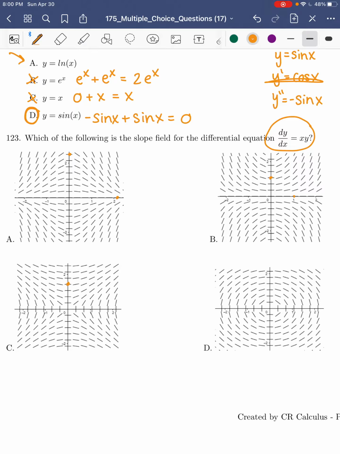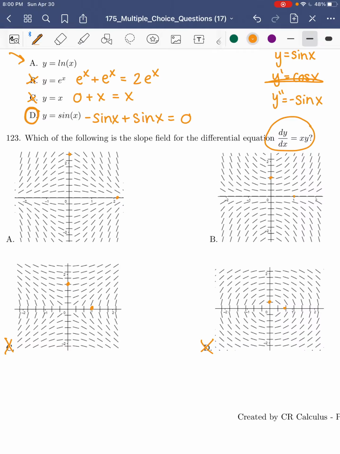0 slopes. But then right here I have an undefined slope when our y value is 0. So it's actually not C. Same thing goes for D. I have a 0, but then here it's going to be undefined. So it's not D. Now I need to figure out the difference between A and B. If my signs are the same, it's going to be a positive slope.